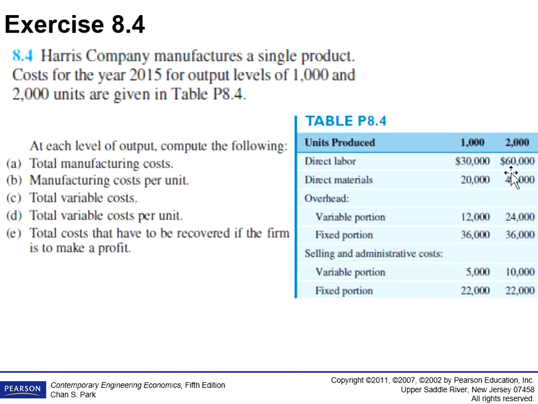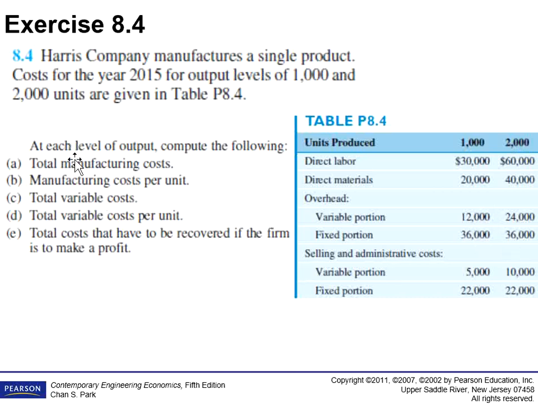If we produce 2000, cost becomes double, so it is variable. Overhead, this is clearly variable, this is fixed. Selling, this is variable, and this is a fixed cost. Fixed cost, you can see, remains the same and does not change with the number of units you produce. Same here, same thing here.